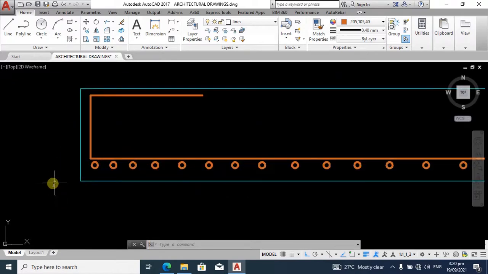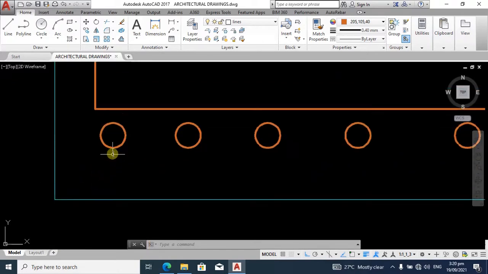So the cover we are talking about is the distance from this reinforcement. This circular shape represents the bottom reinforcement, that is B1, while these other ones represent the top reinforcement, which is B2. So the distance from this B1 reinforcement here to this place is the cover to the reinforcement. I hope that is clear.